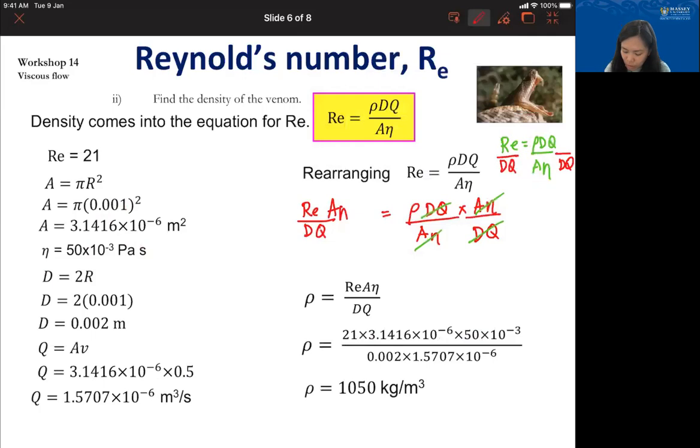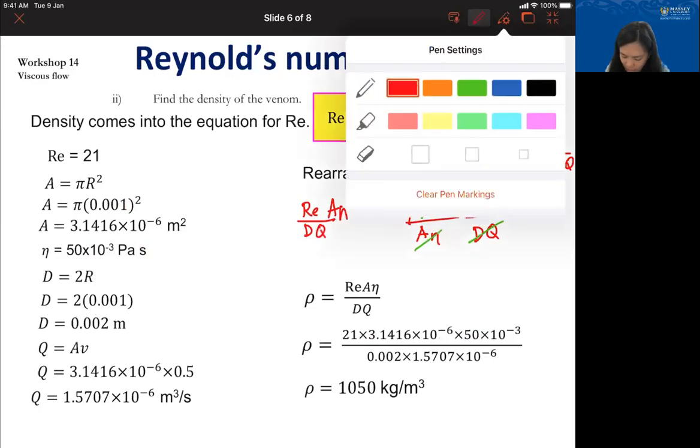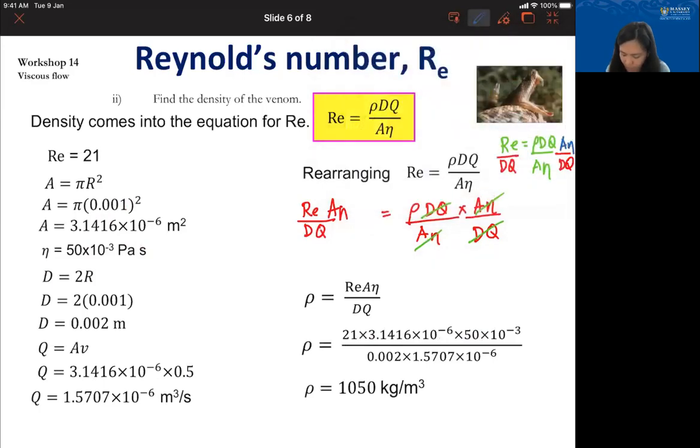Therefore, we have to multiply the right-hand side of the equation with A times eta, and therefore, we also have to multiply the left-hand side with A times eta. So by doing that rearranging, the Reynolds number will be together with A times eta, as you have written down there, but it should be on top of the denominator sign, and then DQ should be below the denominator sign. Yeah, okay, good.